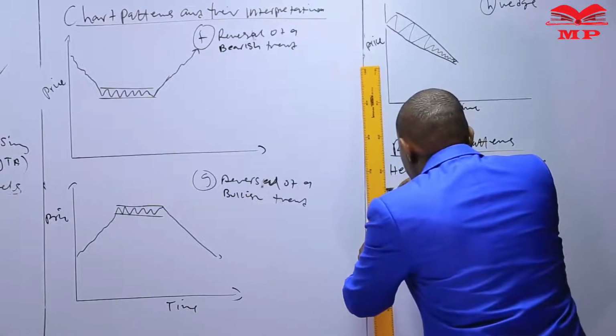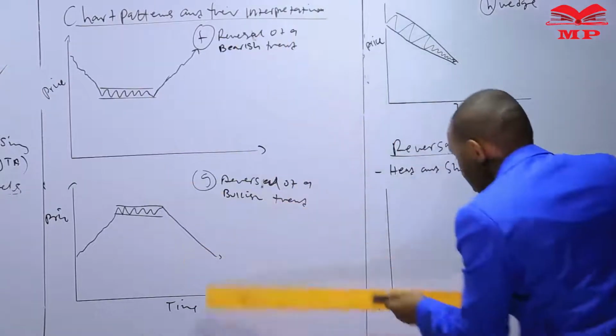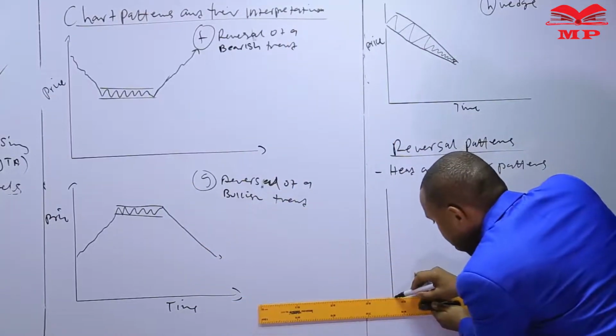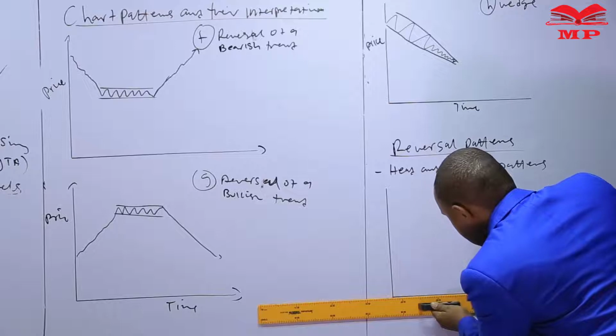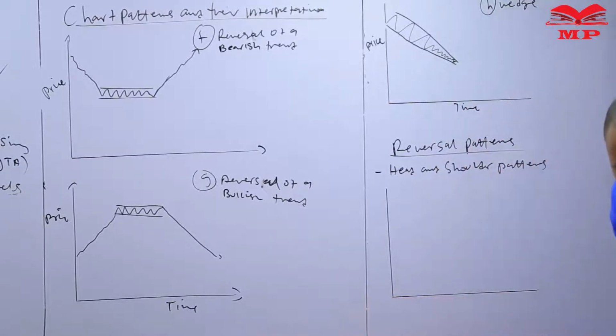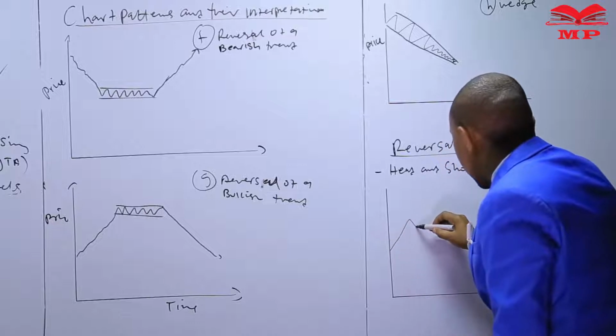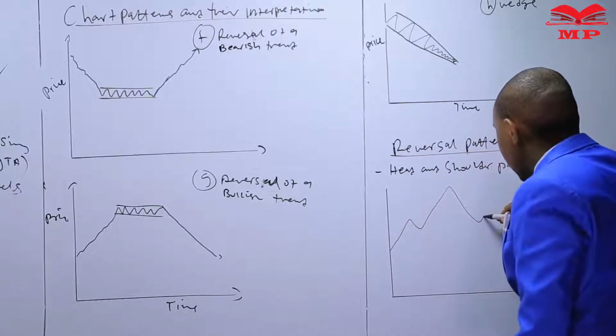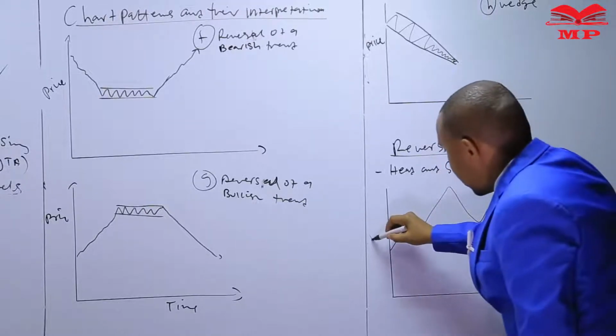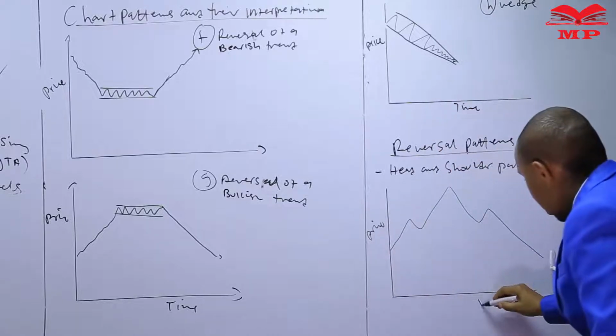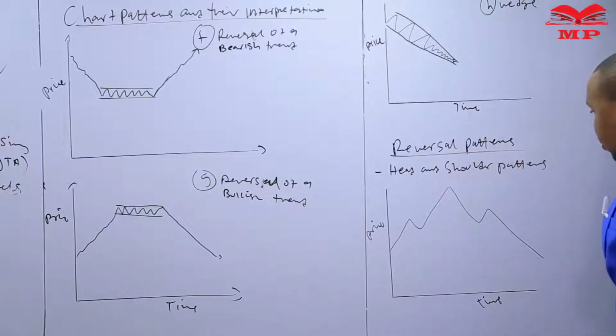Just use a graph here. The head and shoulders will just be like that. Then you have, this is price, time there.